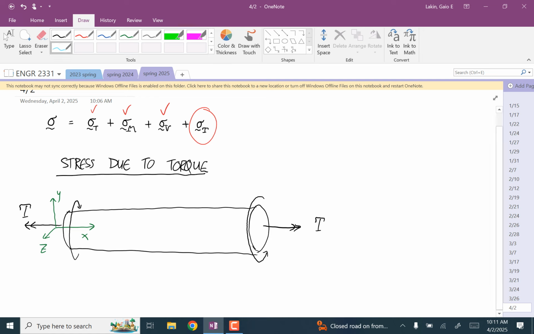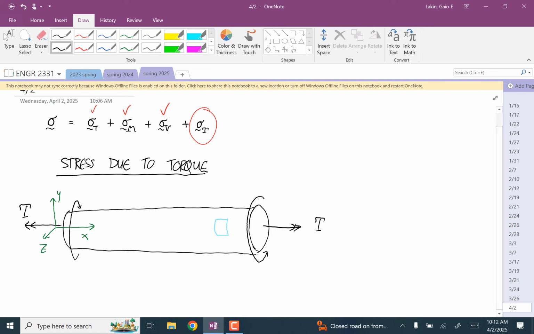And so imagine that we start with this stress element along the surface. Okay? So before you start twisting it, that's the stress element. Imagine it's infinitesimal.